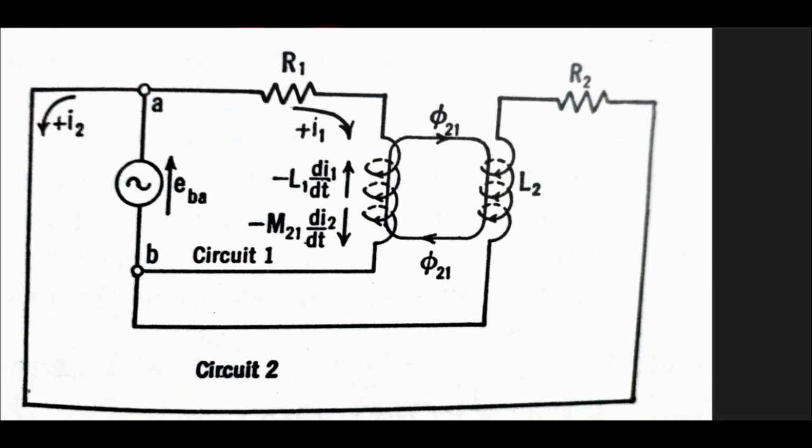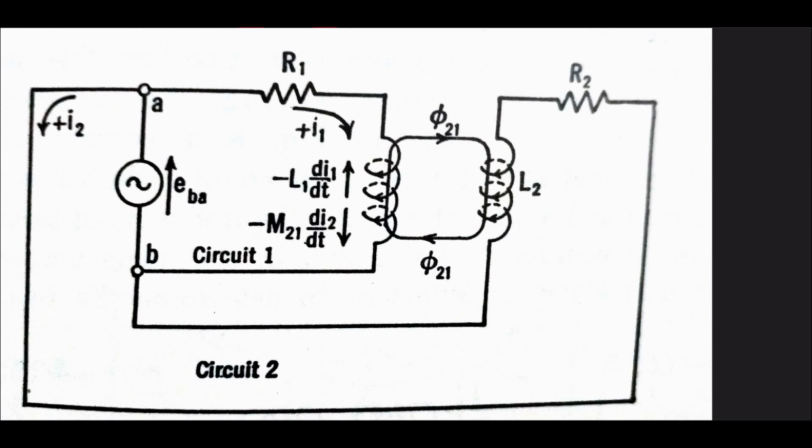Now, if you see this example, it is very interesting. Here you can see the way this phi21 is flowing. Now see, this is the generator. Only one generator or energy source EBA is present. Now if you consider circuit 1, the way current is flowing, and the same in both circuits.